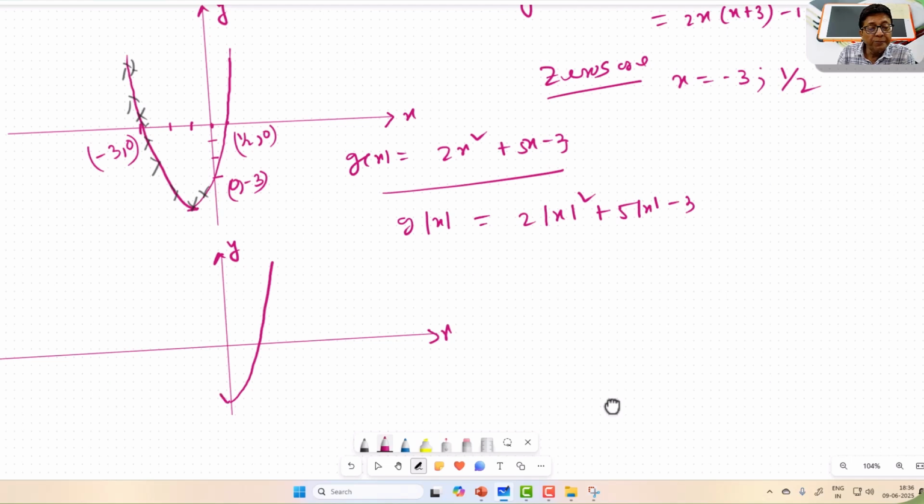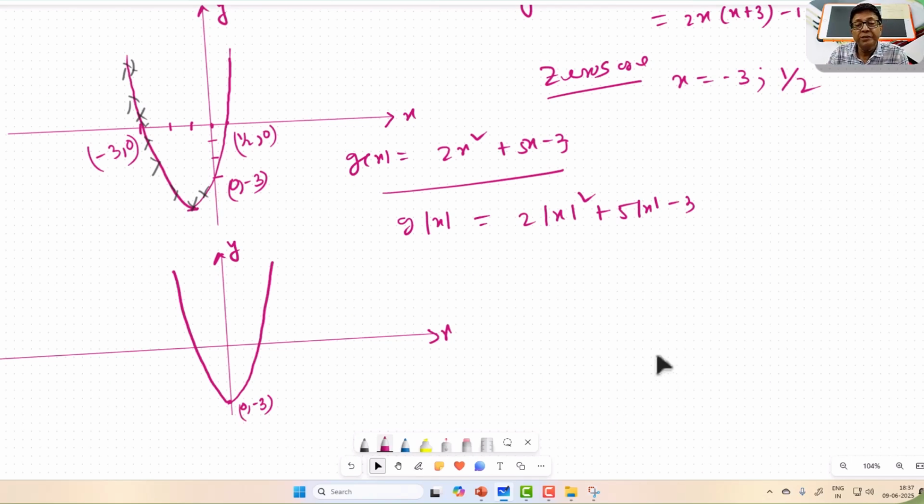So the graph is going to be like this. Because this is symmetric about the y-axis. So at this point the graph will move sharply upward, here also upward. So there is a sharp end at 0, minus 3, isn't it?